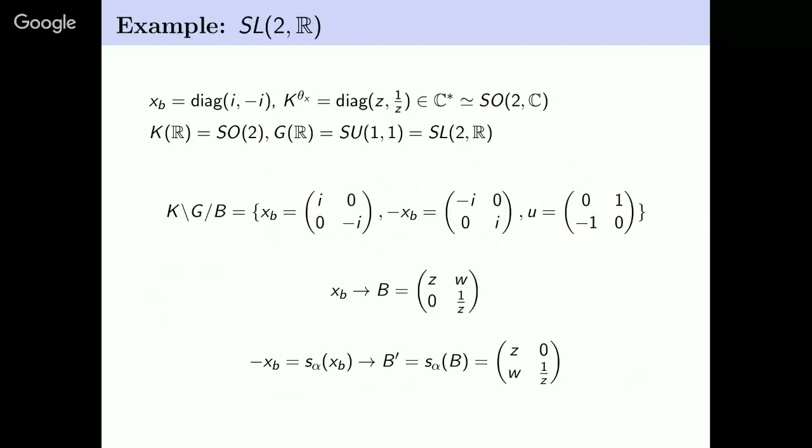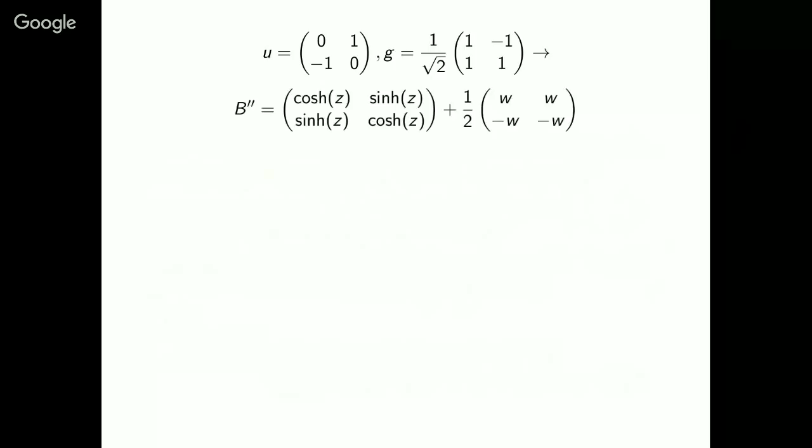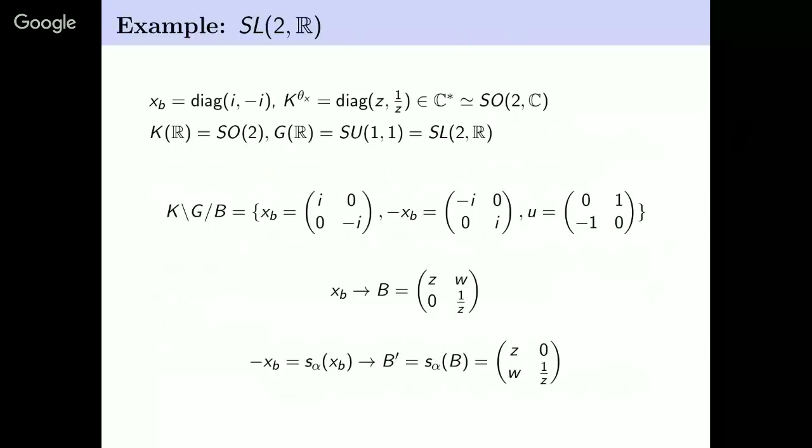Okay, and the more interesting one is this element 0, 1, minus 1, 0. You need to choose an element G which conjugates that to XB. And this is some sort of Cayley transform. You can take it to be this element, for example. And if you do that and you conjugate B by this, what you get is this collection of matrices. So let me go back to the previous page.